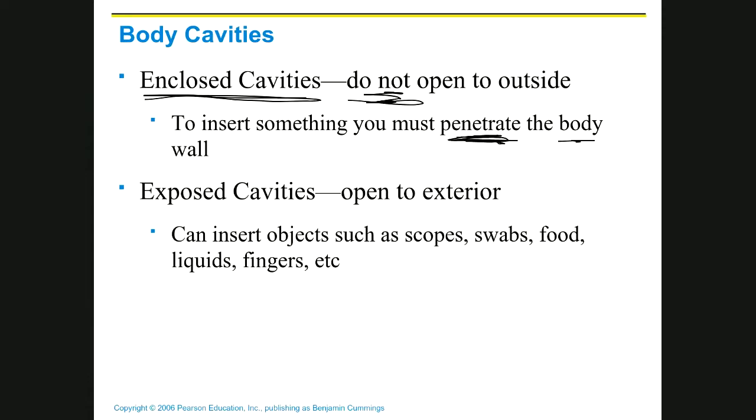But there are also cavities that do open to the outside. If you think about your nose or your mouth, those places are open to the outside. And so you can insert objects. You can put food in there. You can put liquid. But you can also put things like scopes or swabs. And so we're going to look at these two different types of cavities.